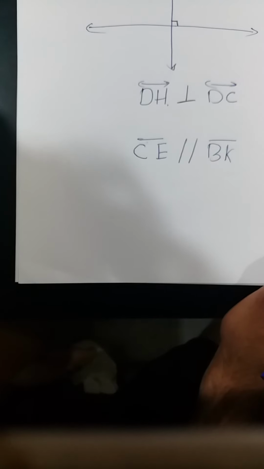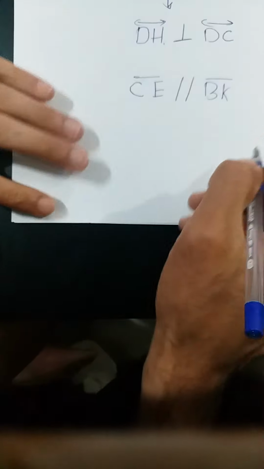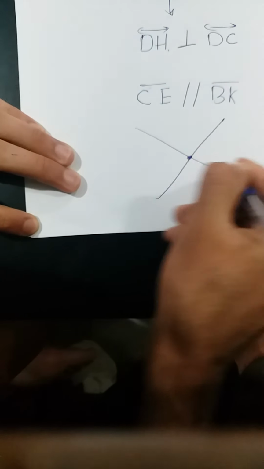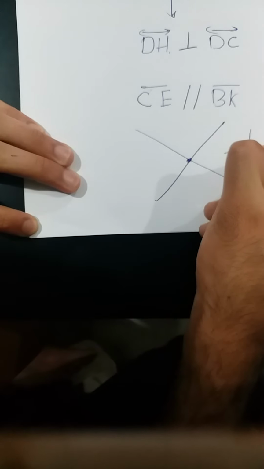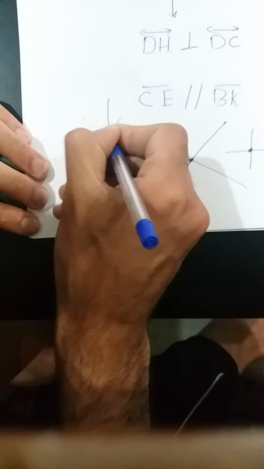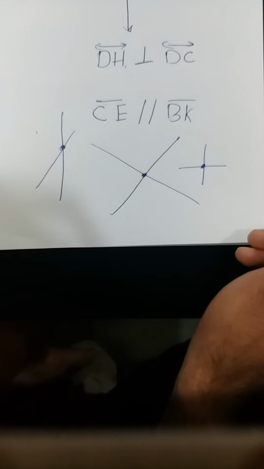Name 3 intersecting points. I'm going to have many intersecting points. Any point. Look, this intersecting point and this intersecting point and this intersecting point. Okay, you are going to have many intersecting points.